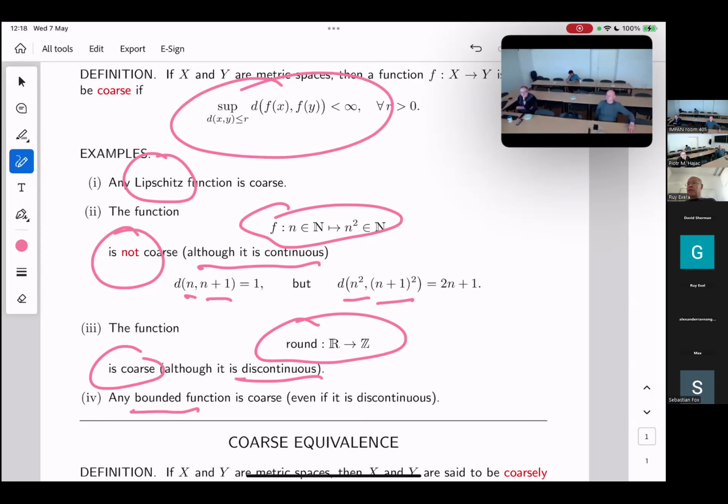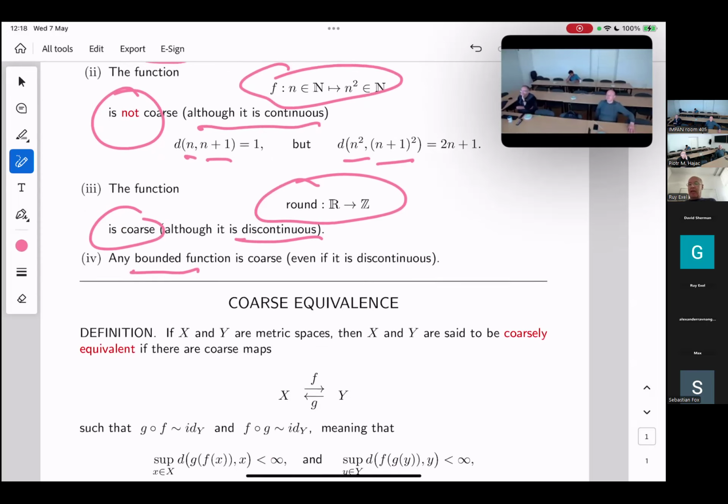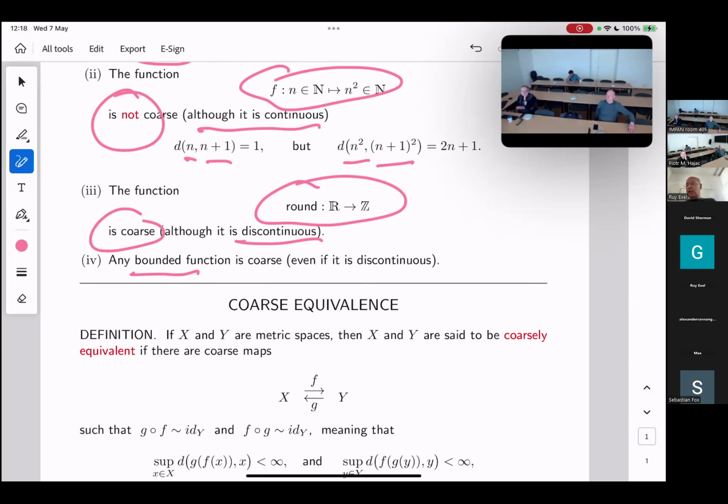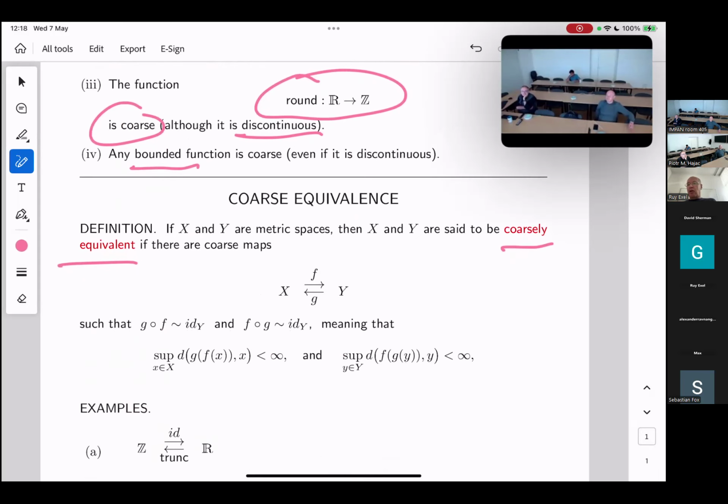Once we understand what a coarse function is, we should think about the notion of coarsely equivalent metric spaces. Two metric spaces, X and Y, are coarsely equivalent if we can find functions between them, f from X to Y and g from Y to X, such that the compositions in either direction are near the identity function.